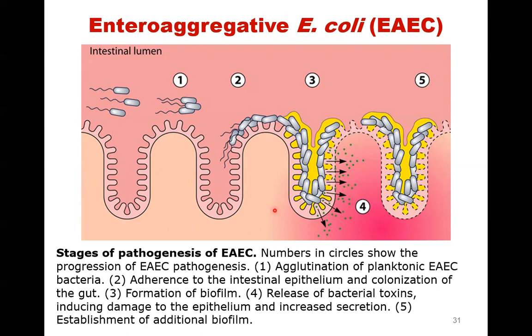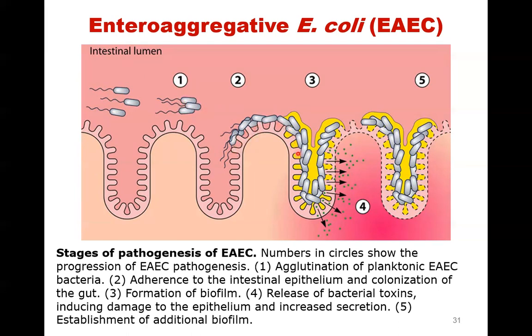Now, this is the suggested or proposed mechanism of disease. So you have the planktonic bacteria. Planktonic means they are free living, they are floating all over the place. They are not attached to any cell, okay? These organisms will now form a clump and then attach to the mucosal surface.